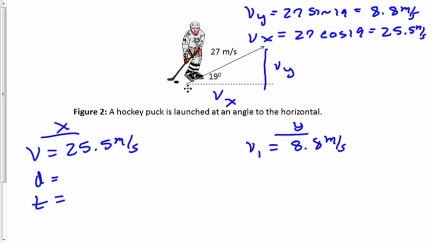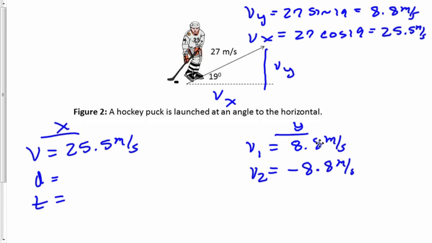Now, because this hockey puck goes up from the ground and returns to the ground, we actually do know V2. V2 will be negative 8.8 meters per second. And this will be true for any projectile that's launched from a certain spot in the y direction and then returns to the same location in the y direction.